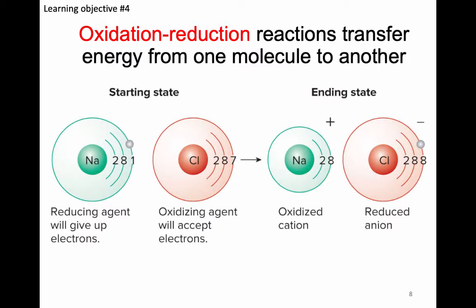And then the arrow indicates that those combine to form the product, which is sodium chloride. The reason this is a redox reaction is because the electron, which is illustrated by a gray circle, starting on the sodium reactant atom, will be transferred to the chlorine atom in this redox reaction. So redox reactions involve the transfer of energy in the form of electrons from one molecule to another.